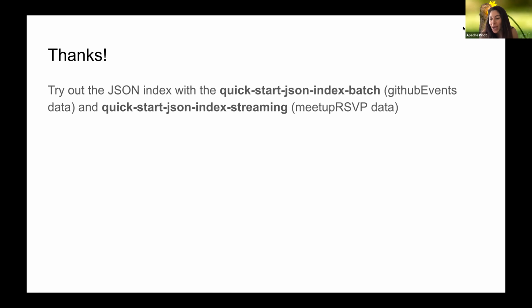Ken said, waiting to find out about aggregations on nested JSON fields. So can you use the result of JSON match and grouping with aggregation? Let me take a look at the question.